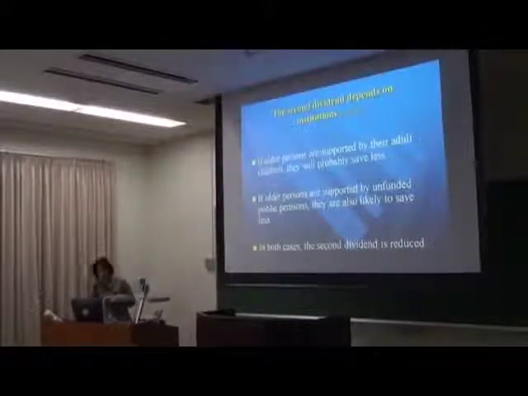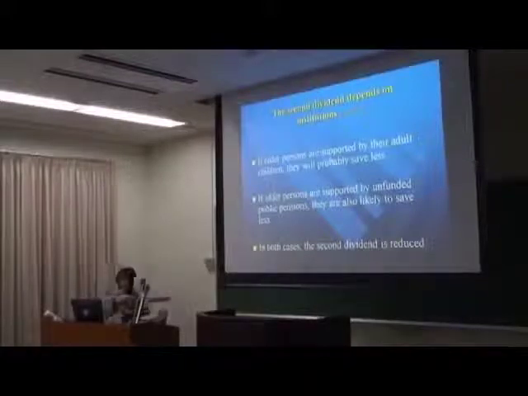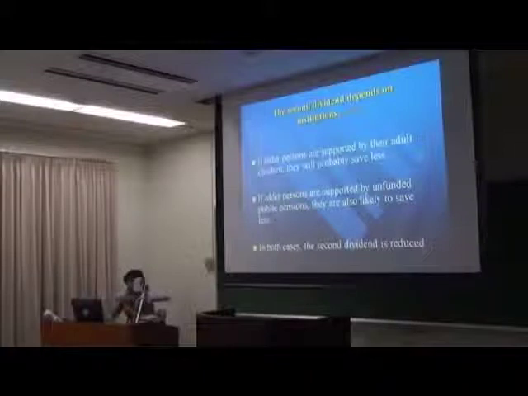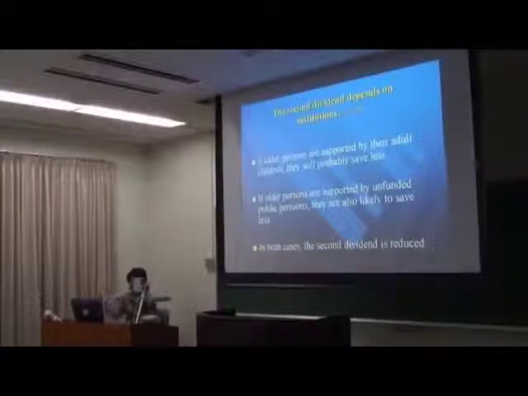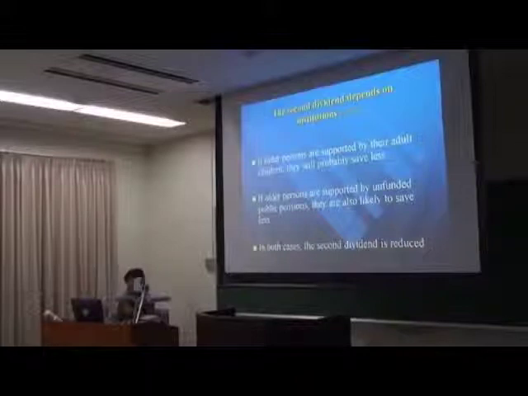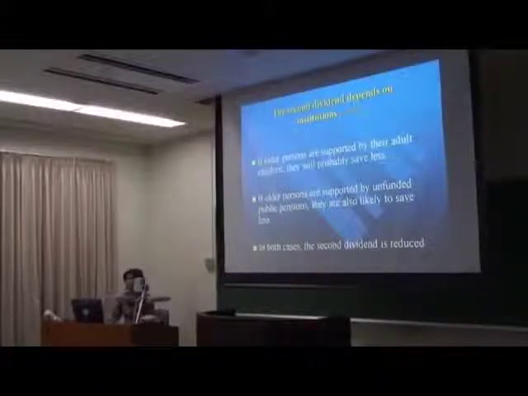So the idea here is that if we rely on the dominating idea of providing welfare to the elderly, the notion of the people in the second demographic dividend said that would reduce the second dividend.